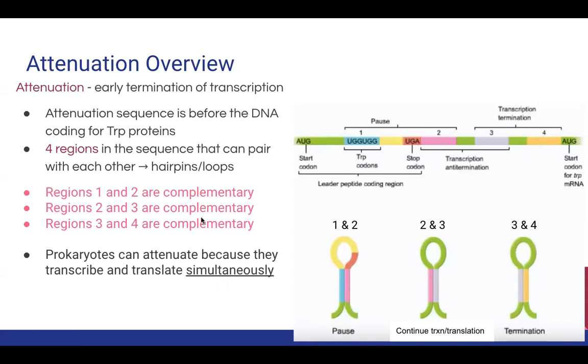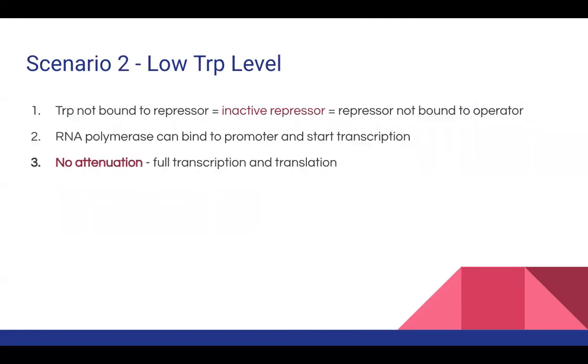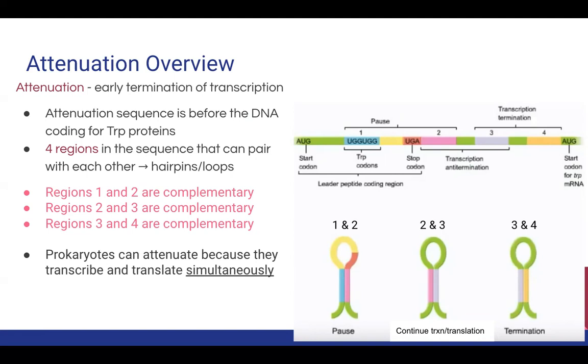The main reason prokaryotes can do this is because they have transcription and translation happening simultaneously, unlike in eukaryotes, where transcription happens exclusively in the nucleus and translation happens outside of the nucleus.